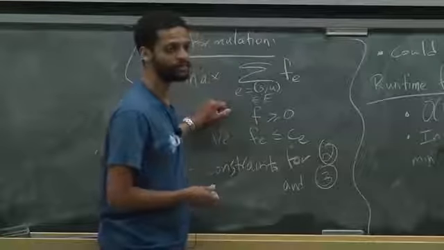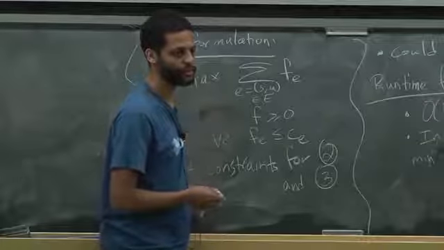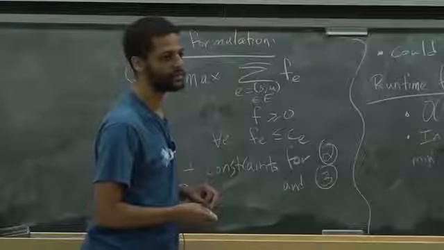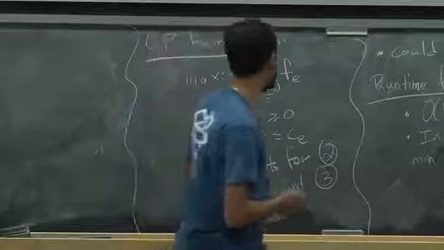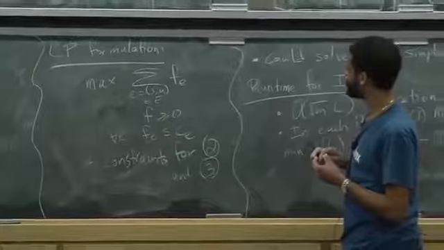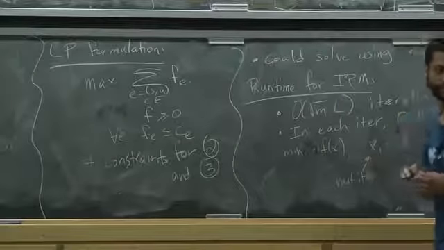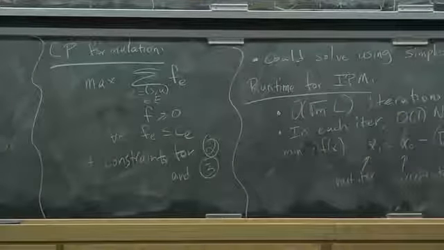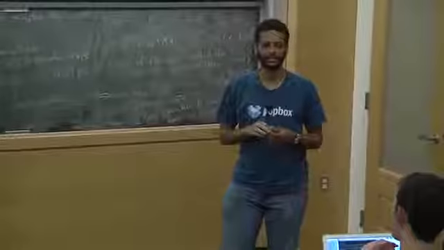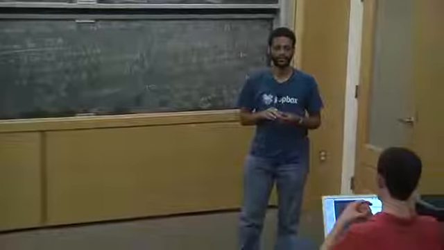Wait, so if the reverse has positive flow, why not just see that as negative flow along the ordinary edge? Oh, sorry, say it again. If the reverse edge has positive flow, why not just think of that as the ordinary edge having negative flow?